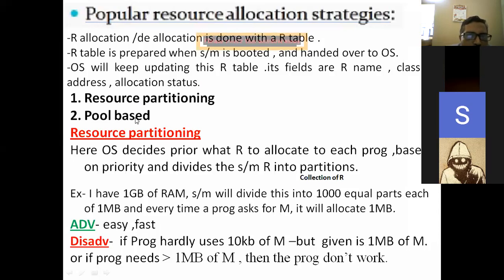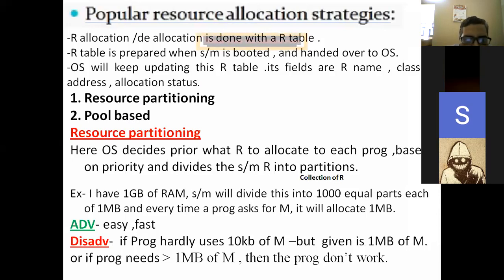What do you mean by resource allocation? Like I said, resource allocation and deallocation is one of the main operations of the operating system, where the OS allocates resources, such as CPU time or processor time, input devices, output devices, memory, and so on, for the requesting process.